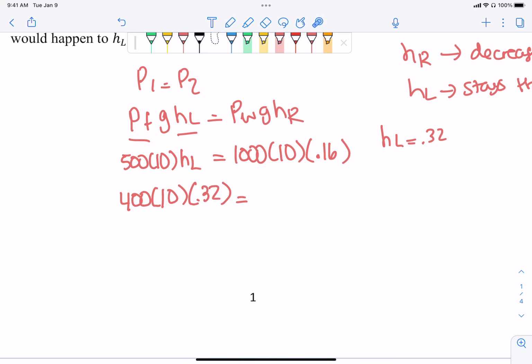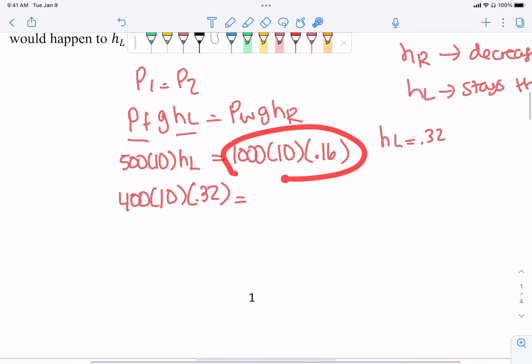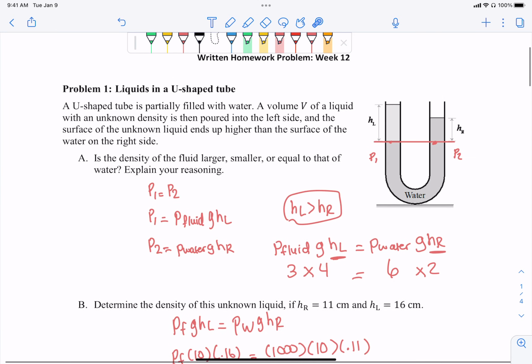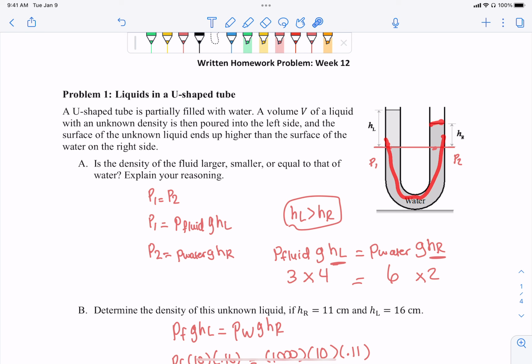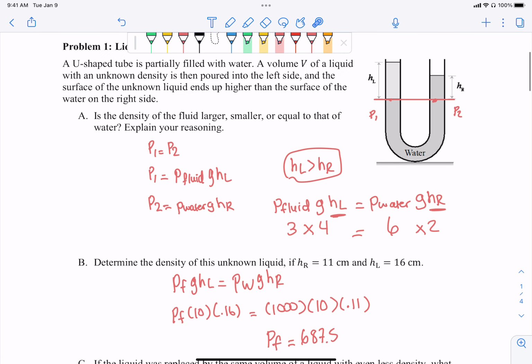But then this part will change, because think about it as you added the water first, right? You added this water and it reaches some height. So I add a certain volume of this liquid, and that's going to still have the same height because I added the same volume. But then this height will change because it's pushed up more, or pushed up less or whatever.